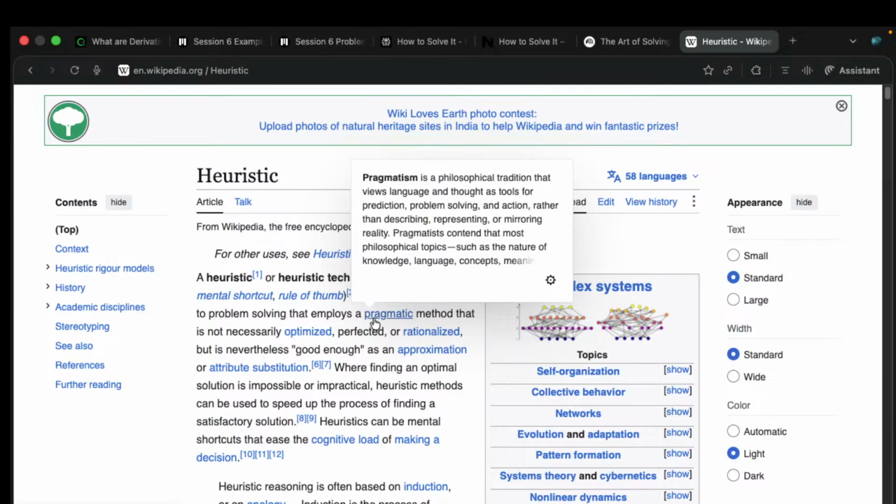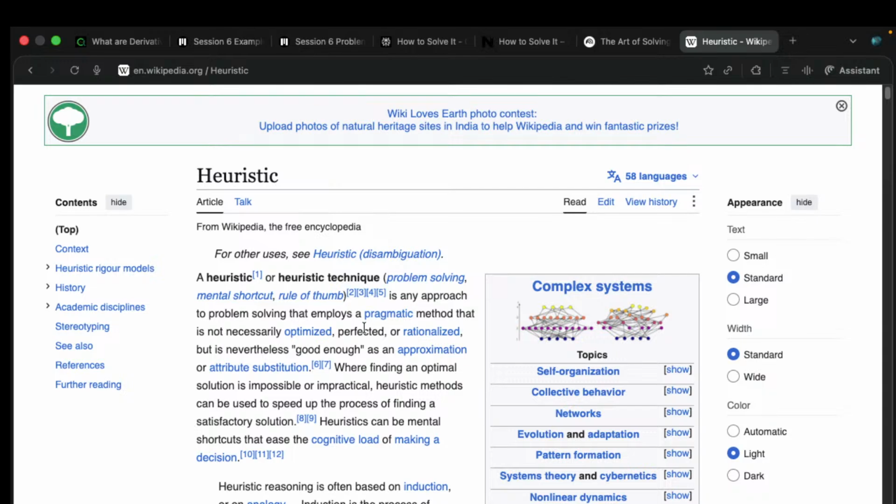Okay, so it views language and thought as tools for prediction and problem solving. Yeah, got it. That is not necessarily optimized, perfected, or rationalized, but nevertheless good enough as an approximation or attribute substitution.